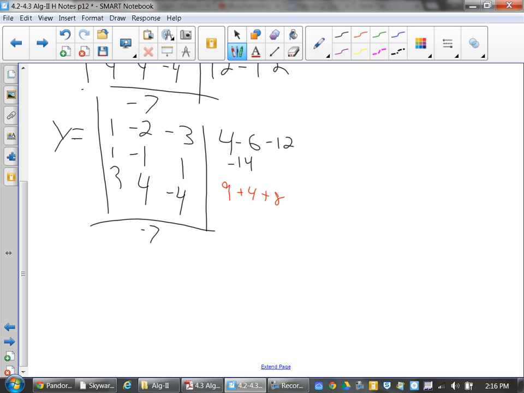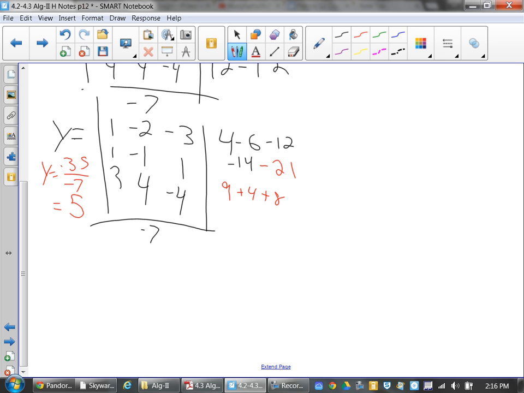So that gets you 21. So it's -14 minus 21. So you get the y value is going to be -35 over -7, which is 5.